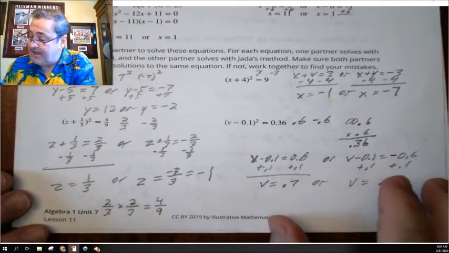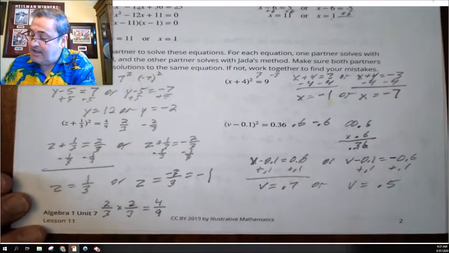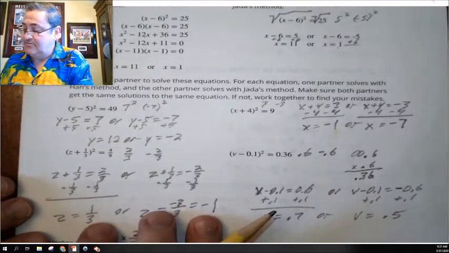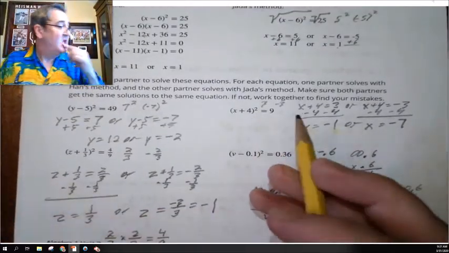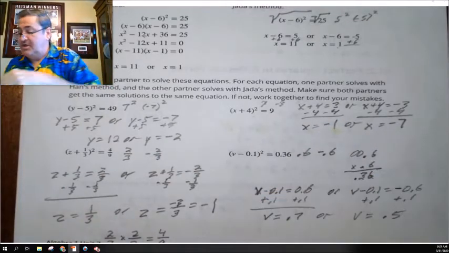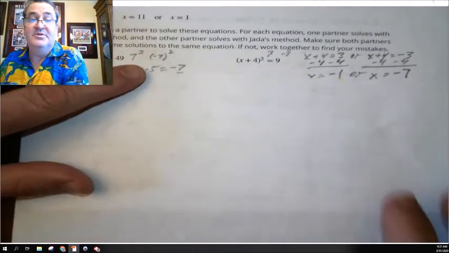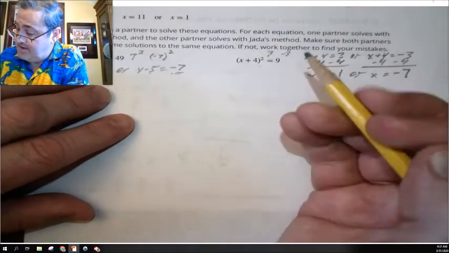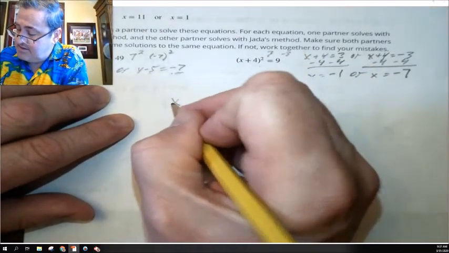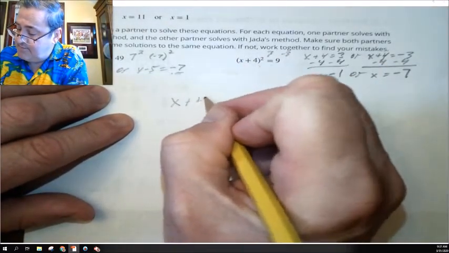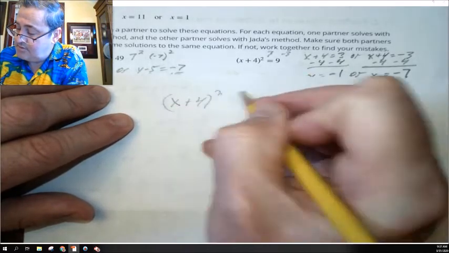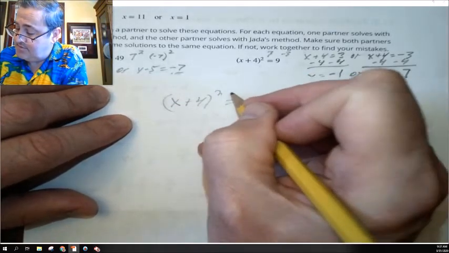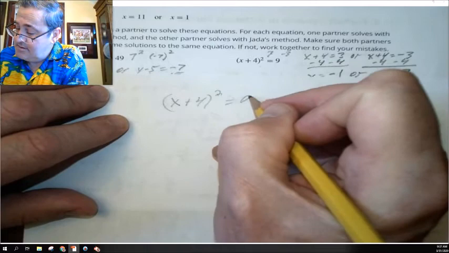Worked real nice. A lot easier and shorter, but let's take this first one. Now let's take this one here. Let me get a blank sheet of paper, and we're going to give some room to do Han's method on that. X plus 4 squared equal, oops, sounds like someone's at my front door, 9.